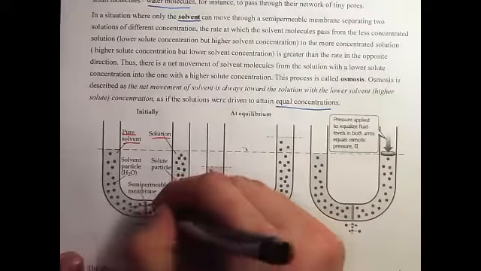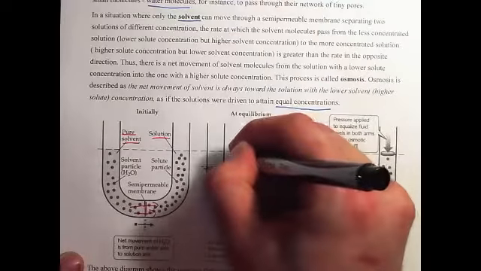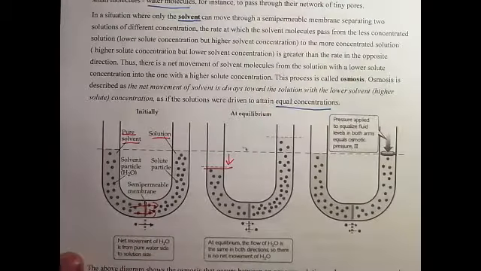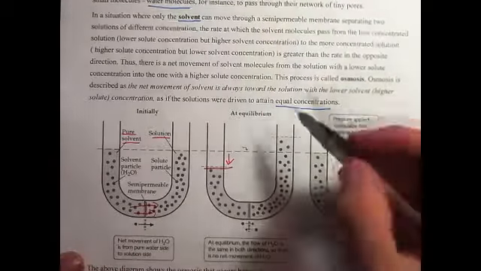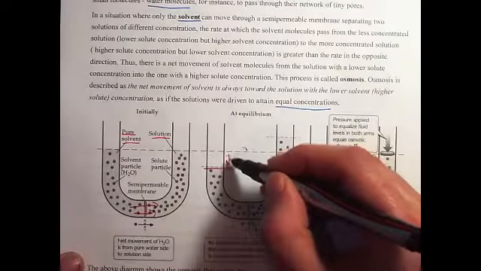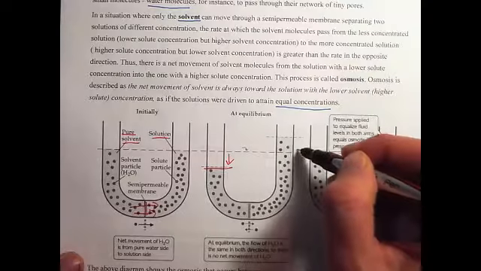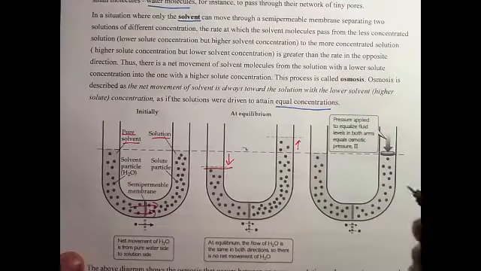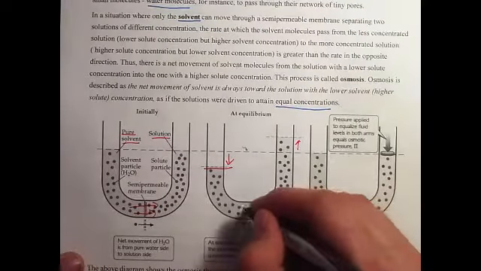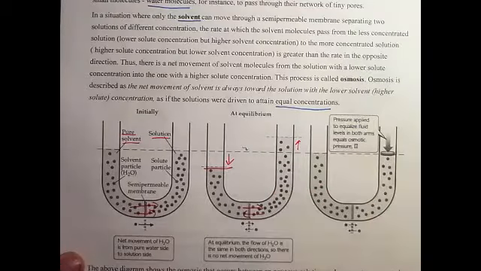If this process continues to take place, the amount of solvent in this case will drop, forcing the right-hand side to be even higher. Because at equilibrium, we'll get to a point where water molecules will start to bounce back and forth at equal rates.